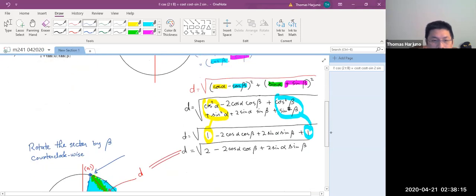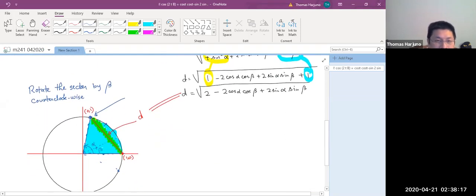Now, what happens if the angle is alpha plus beta? Then the coordinate here will be cosine alpha plus beta, sine alpha plus beta.